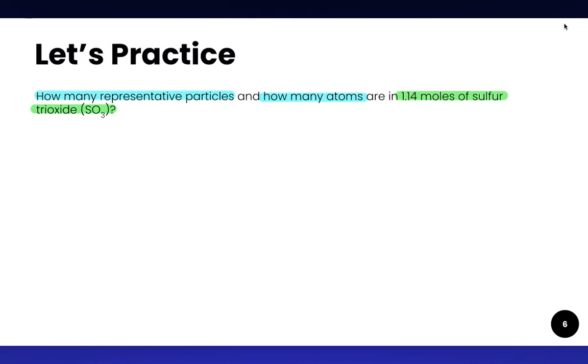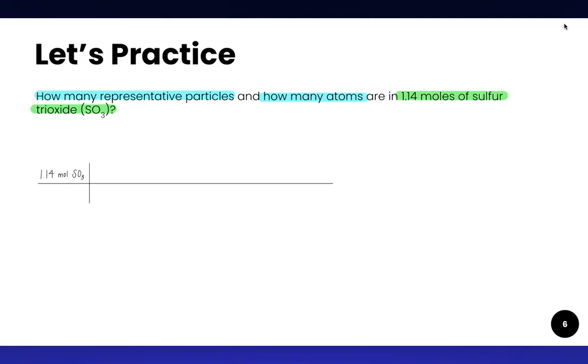So this is where the math that we worked on at the beginning of the semester will come back. I'm going to start with my conversion chart and write what I know in the top left.